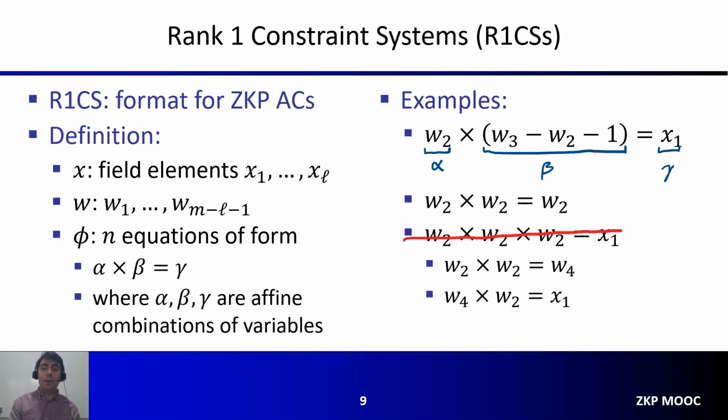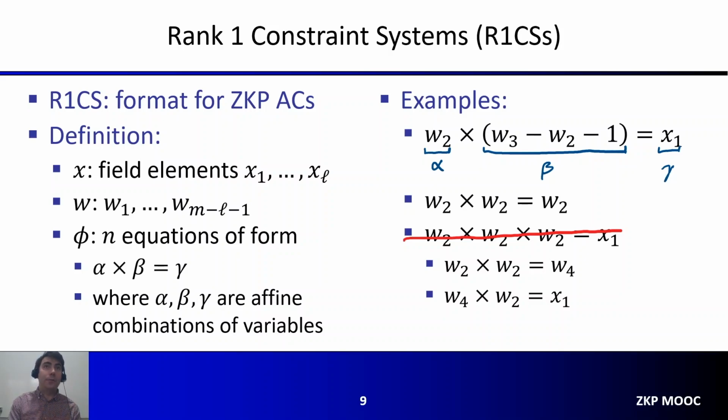Indeed, if you eliminate W4, if you substitute W2 times W2 in for W4 in the second constraint, you get the original one. But what we've done here is we've just split that constraint into two in order to reduce the number of nonlinear products per constraint. So this is how you can see rank 1 constraint systems in terms of n constraints.